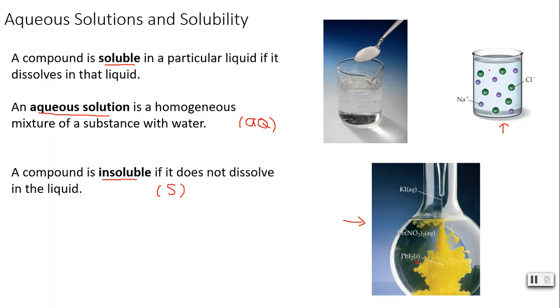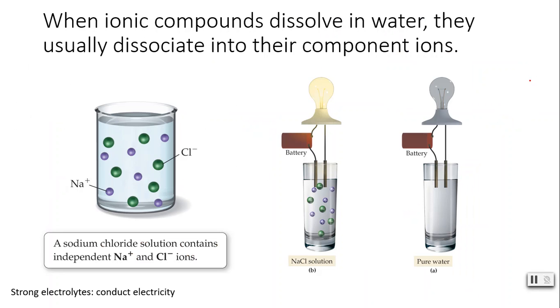They have dissolved into their component cations and anions. That's what ionic compounds do when they dissolve in water, when they are aqueous. They dissociate into their component cations and anions. So a solution of sodium chloride does not contain intact sodium chloride molecules. It contains sodium ions and chloride ions. Okay?